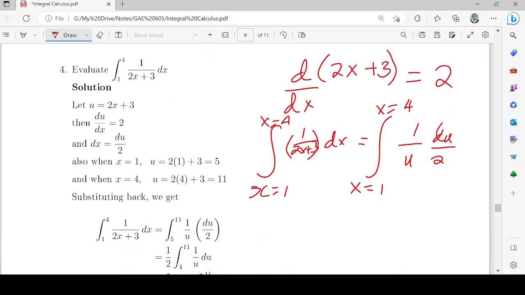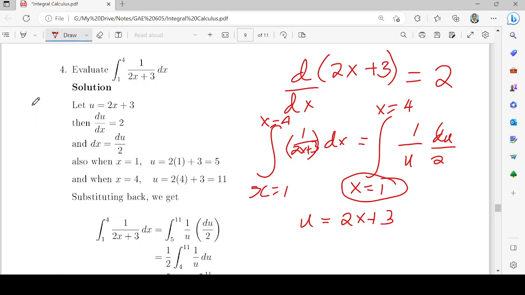Because we know that u is expressed as 2x plus 3, meaning that at the lower limit here, when x is 1, we can find the corresponding value of u, 2 times 1 plus 3, which will be 5. And at the upper limit where x is 4, we can find the corresponding value of u, that is 2 times 4 plus 3, which is 11.